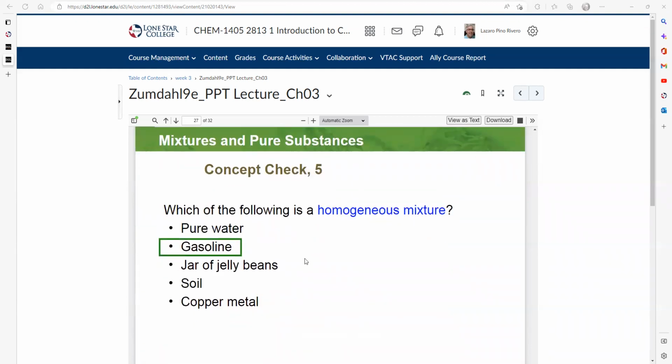Well, here you have an example. Which of the following is a homogeneous mixture? Gasoline, because it's made of different types of hydrocarbons, and you cannot distinguish one from the other unless you use a method to separate them.